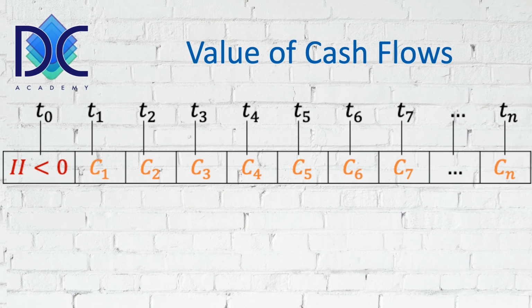The future cash flows are in fact occurring later, and we also know that we have what we call the time value of money. $100 today has a different value than $100 in 5 years.